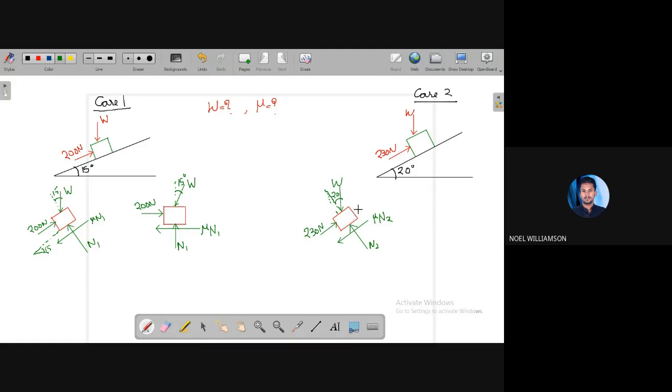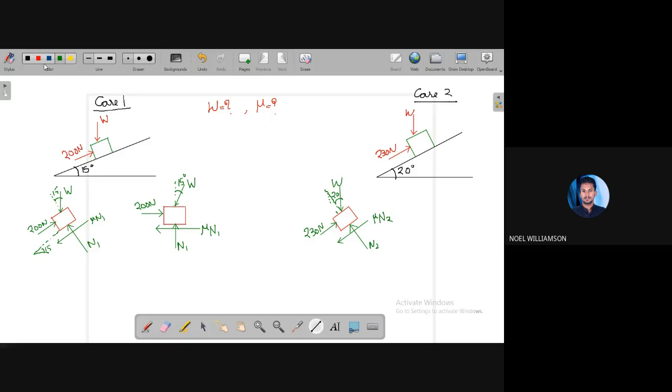So here also you can tilt or rotate the full figure, resolving the forces taking the x-axis along the inclined plane and the y-axis along the normal to the plane.